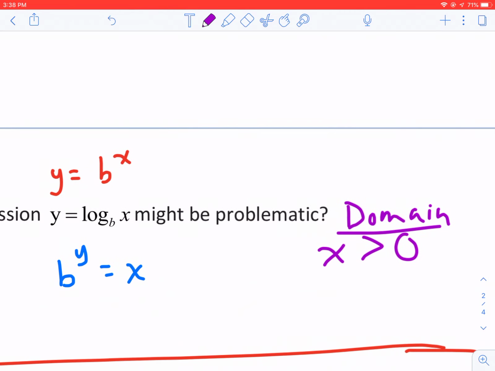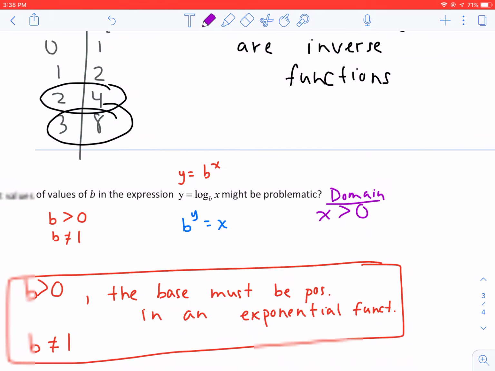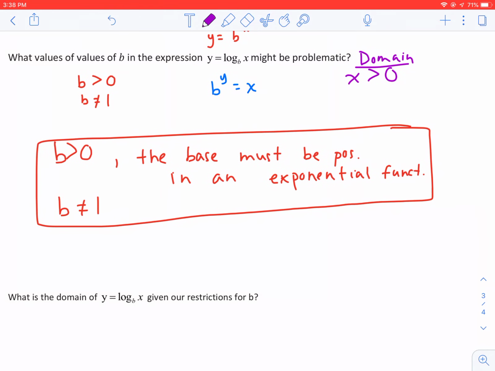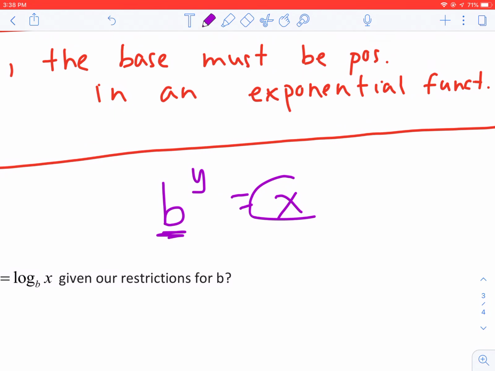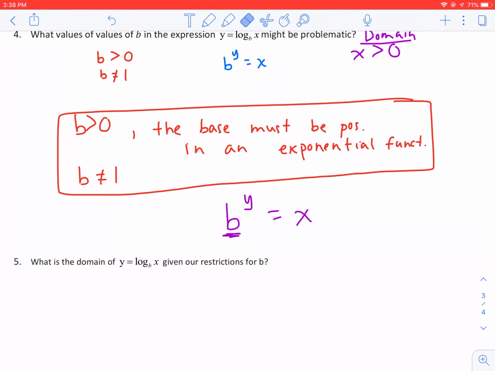So again, the reason is if we define b as being positive, right, b to the y power equals x. If b is a positive number, can this ever equal a negative value? Answer is no, right? You can't raise a positive number to some exponent and get a negative value. So our domain also has to be x is greater than 0.